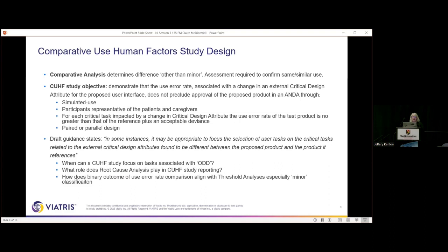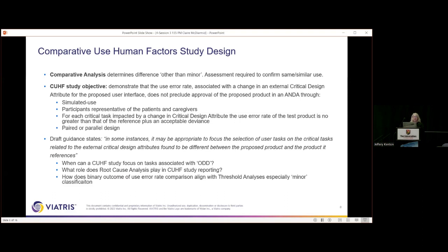For each critical task that's impacted by the change in a critical design attribute, the use error rate of the test product is no greater than that of the reference product plus a delta. We've heard about paired and parallel design.